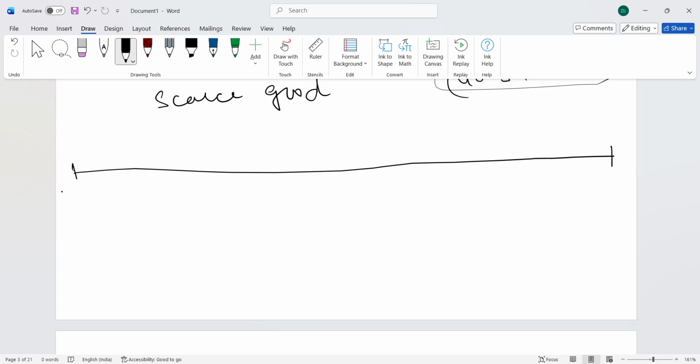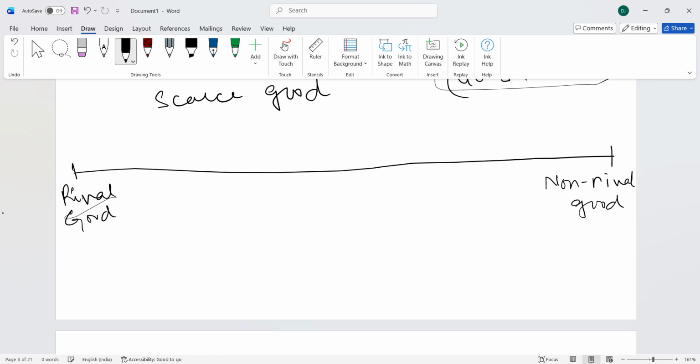Let's say here on one extreme, I have a good which is extremely rival. So it's a rival good. And on the other end, I will have a good which is non-rival in nature.